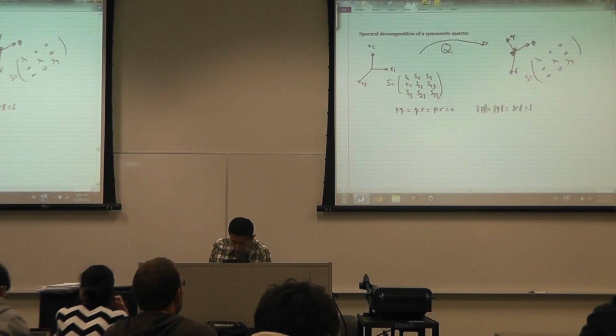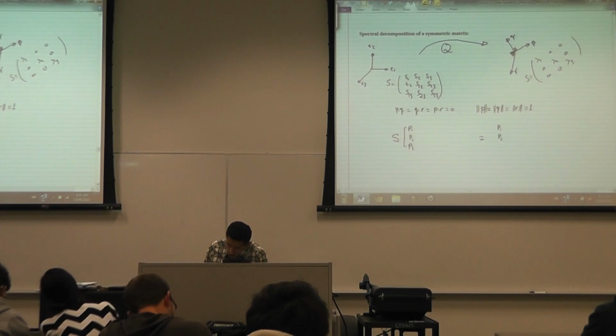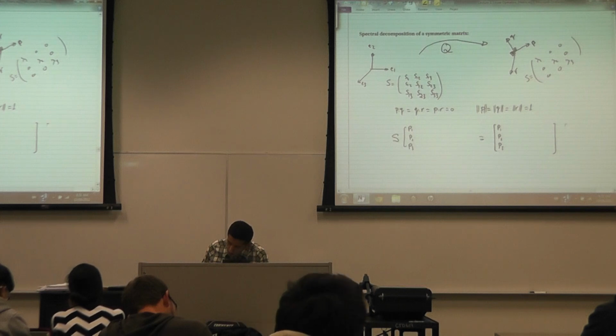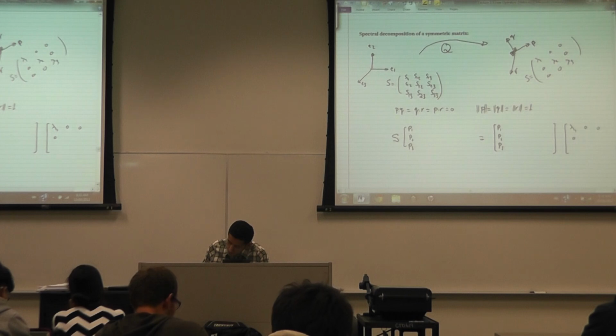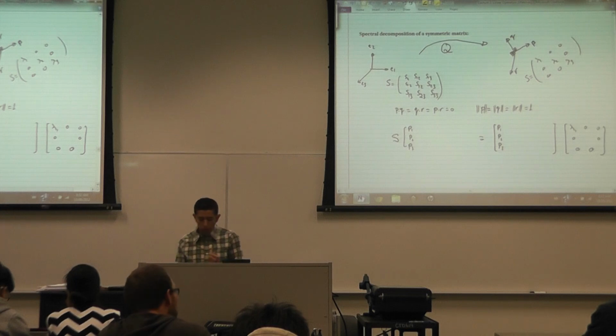I'm going to take S and multiply it by P1, P2, P3. What do I get? When I take S and multiply it by P1, I get P1 again, but with increased length, multiplied by lambda 1.